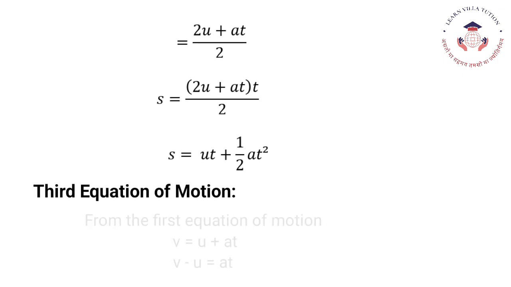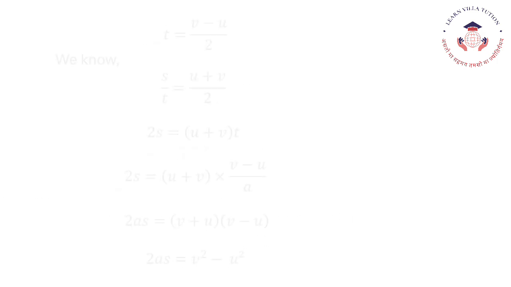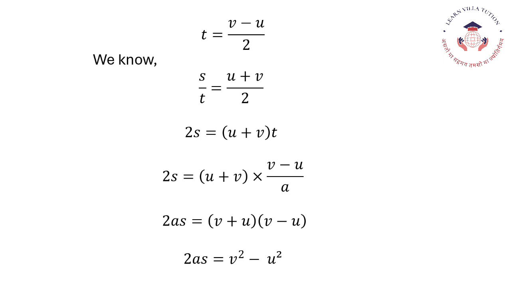Third equation of motion. From the first equation of motion, v = u + at, so v - u = at. We get t = (v - u)/a. We know s/t = (u + v)/2.